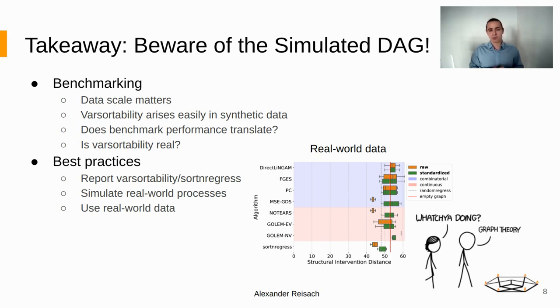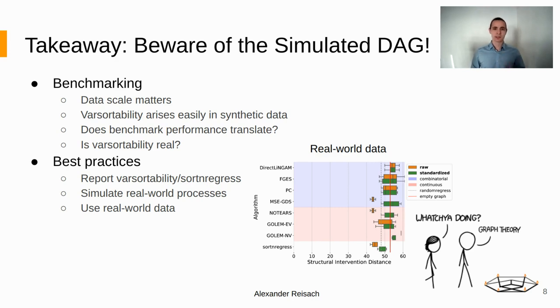But if that benchmark performance does not translate, then maybe we should not trust our simulated DAGs too much, or perhaps think exactly about how we want to simulate that data. Best practices that we recommend are at least to report varsortability and sort and regress, because that has, as we show, a big impact on the causal discovery performance of certain algorithms.